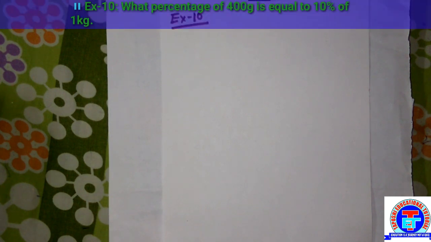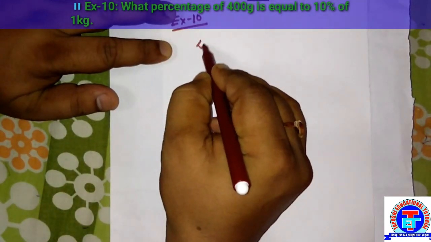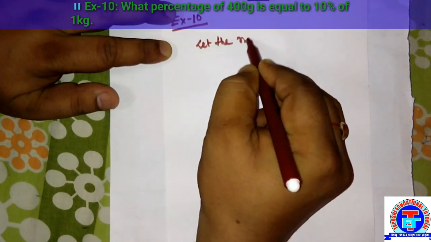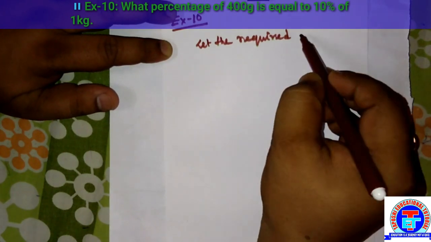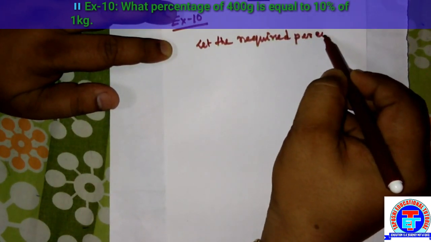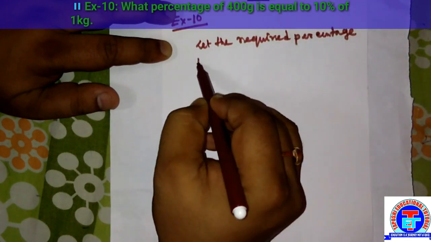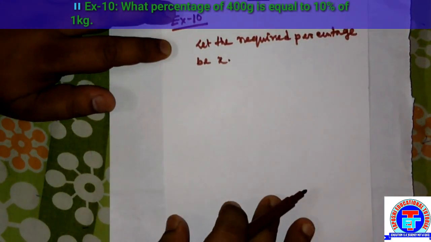Okay, now dear student, here we solve another problem, number 10. So the problem is given here: what percentage of 400 gram is equal to 10% of 1 kg, right? So the solution here, let the required percentage be x, right?